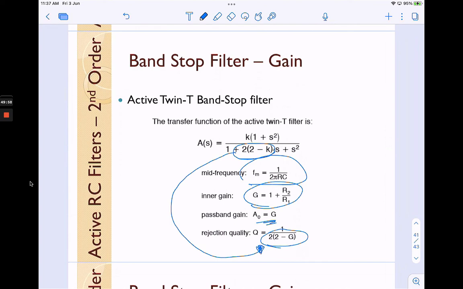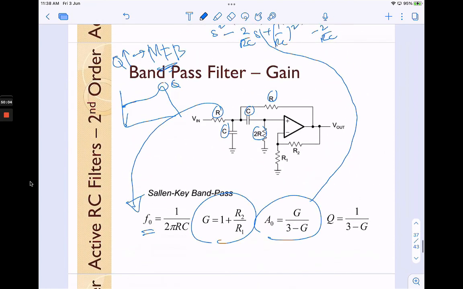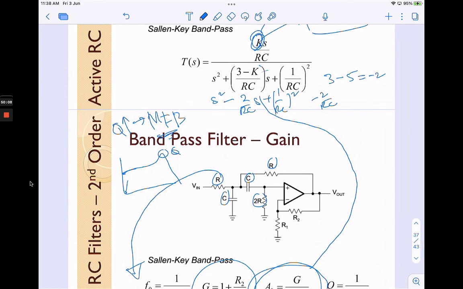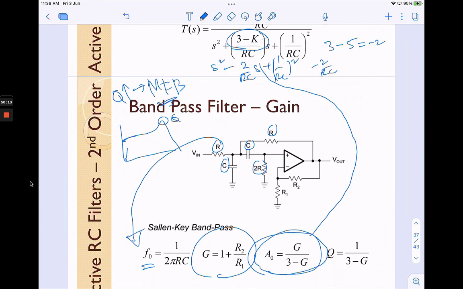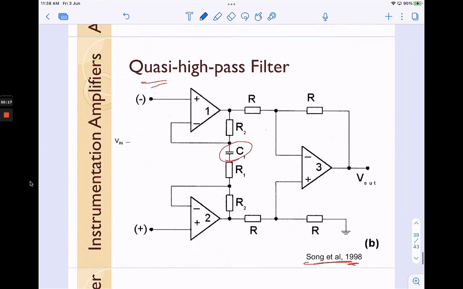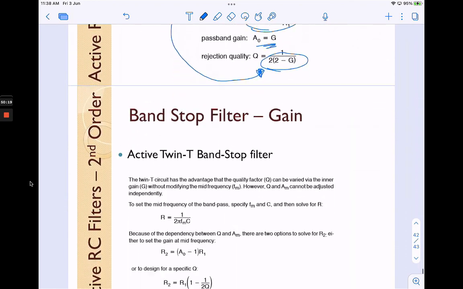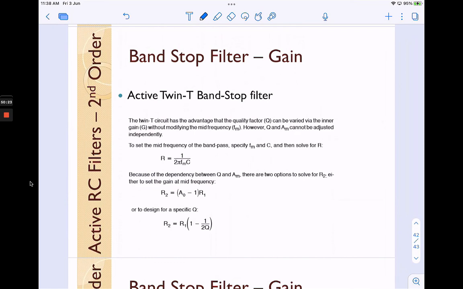Similar to the previous examples where we have our gain for the passband that is related to these terms, right? 3 minus k. Any questions? So this is just some writing.